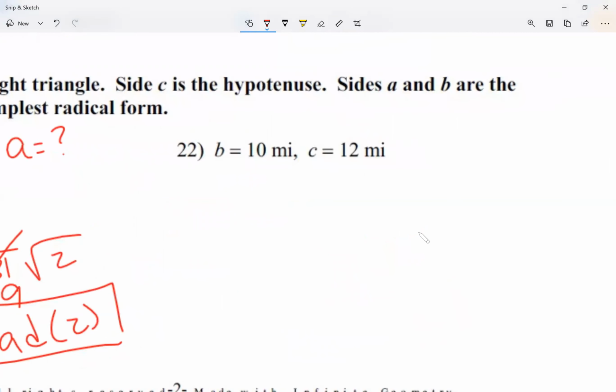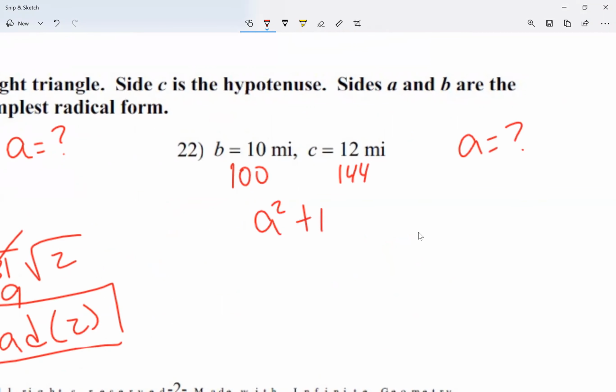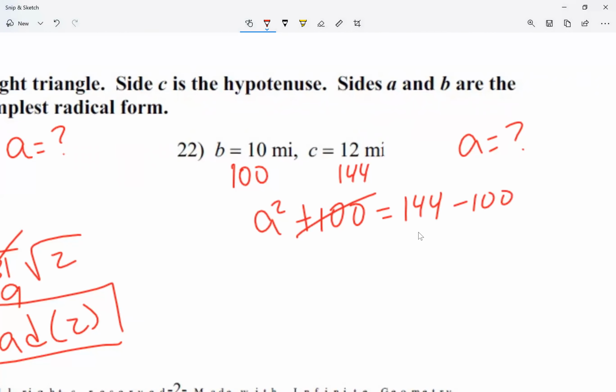Here, let me say that 10 squared is 100. 12 squared is 144. Seems like I'm missing A again. So let me go A squared plus 100 is equal to 144. This plus 100, let me move it over as a minus 100.